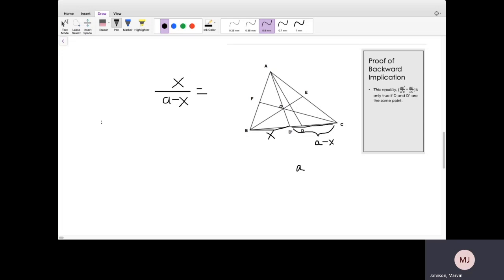The derivative of X is 1, multiplied not by the derivative of the denominator, just by the denominator, which is A minus X. And we're going to subtract the derivative of the denominator, which is negative 1, times the numerator, which is X. And that's all going to be over the square of the denominator, A minus X squared. And we do some simplification.